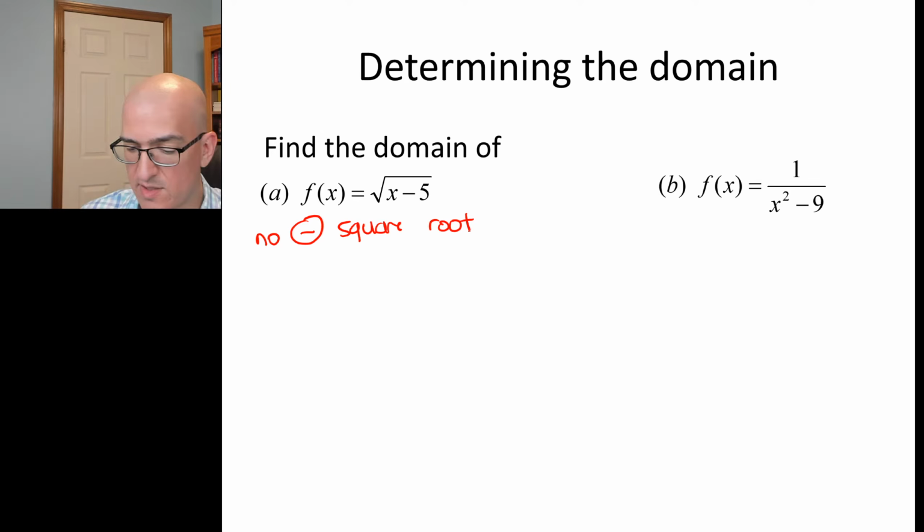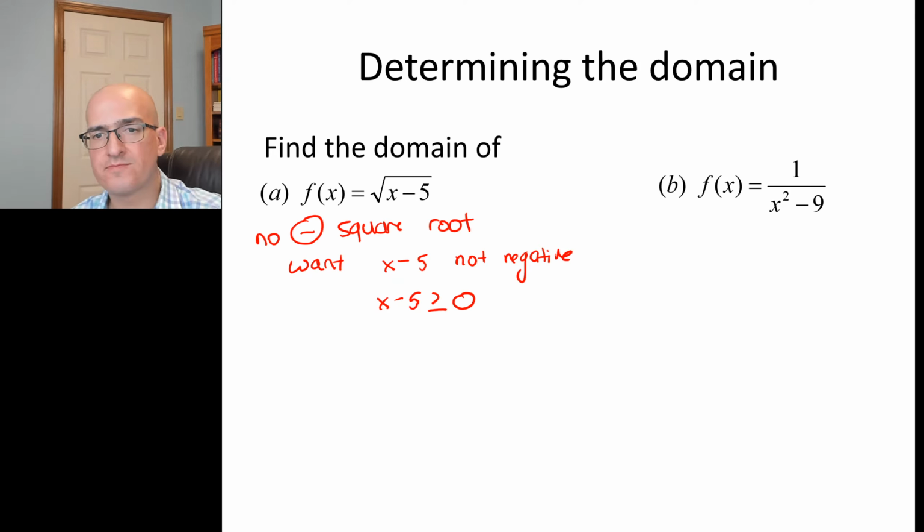What we want is for x minus 5 to not be negative. So that means x minus 5 must be greater than or equal to 0. It can be 0. We're allowed to take the square root of 0. Square root of 0 is 0. But it can't be negative 1 or negative 2 or anything else like that.